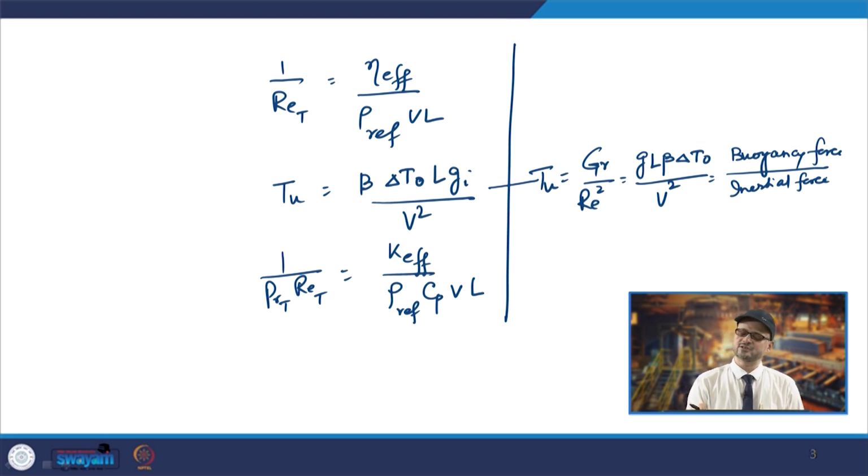So, this needs to be satisfied if the similarity has to be maintained. It can be concluded that if you maintain the constancy of the Richardson number, then the ratio of the buoyancy force and the inertial force will be the same for the two systems, and it will satisfy the dynamic similarity of the model as well as the prototype.